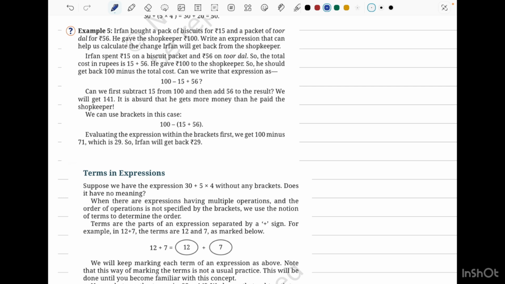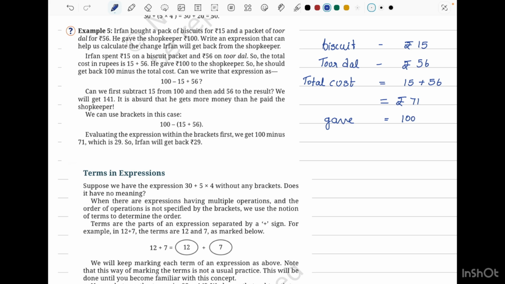So Irfan spent rupees 15 for biscuits and rupees 56 for tur dal. So we can find the total cost in rupees: 15 plus 56 is equal to 71. So the total cost is rupees 71. He gave 100 rupees to the shopkeeper.